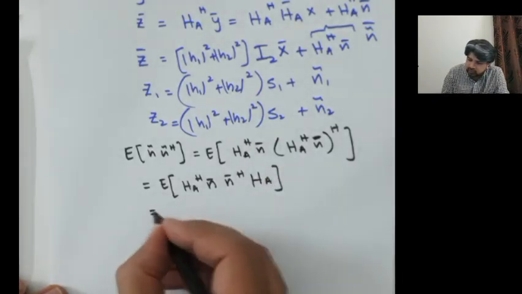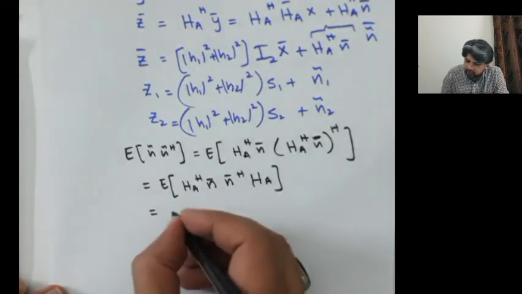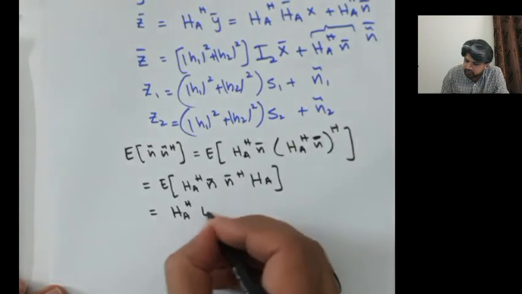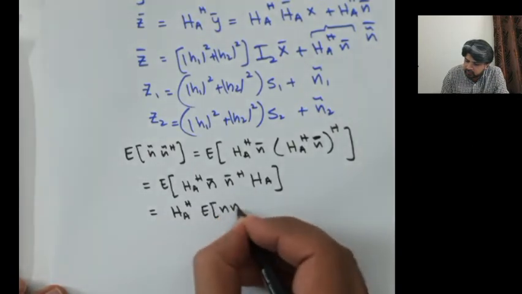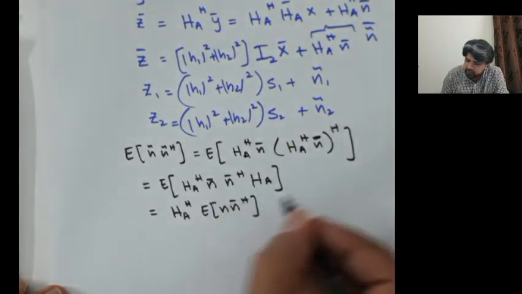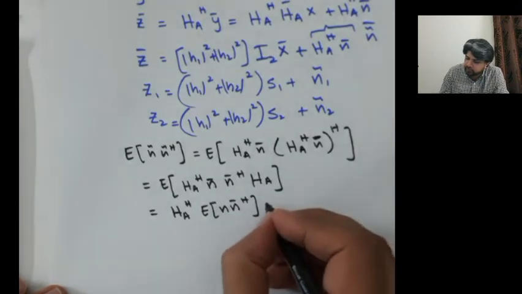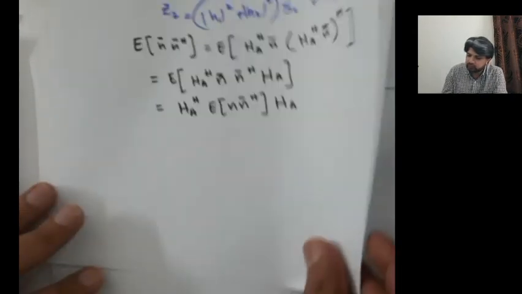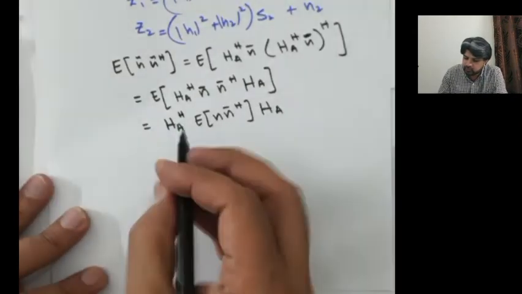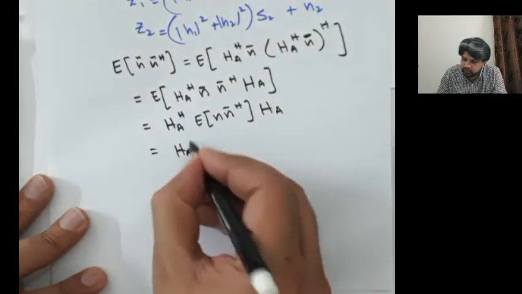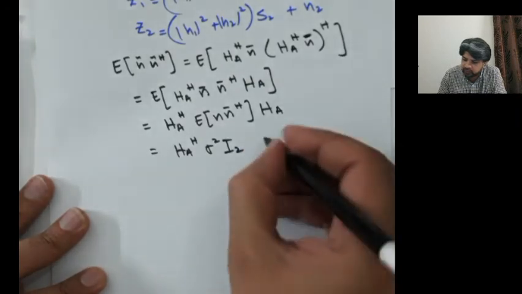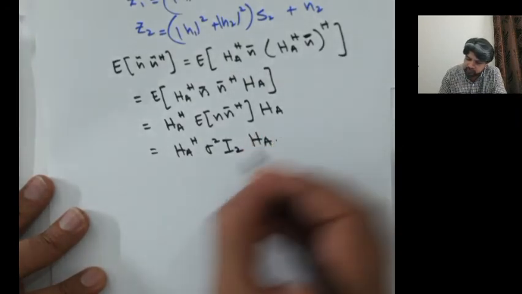And hence you can write this matrix as HA Hermitian times the expected value of N times N Hermitian, which was your original covariance matrix of the noise, times HA. That is important. So now this is equal to HA Hermitian times sigma squared times an identity matrix times HA.